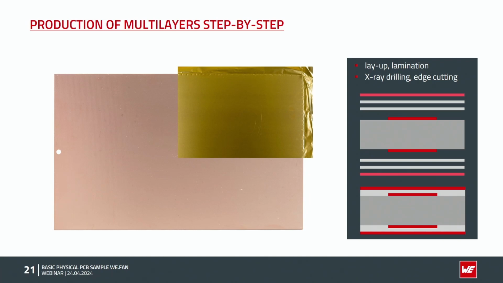So we are looking inside the panel, finding the inner layer fiducial marks, and then drilling a new registration hole for the following processes. So after the edge cutting, we now have a very clean edge of the board, also radius at the edges. So that's perfect for the following steps which are performed.